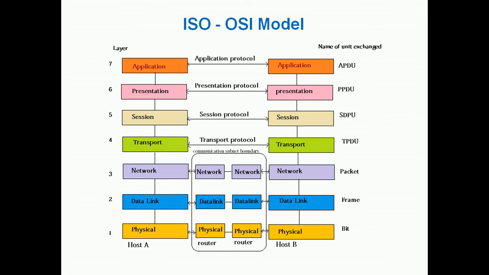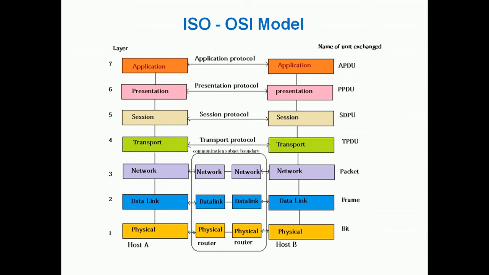From which layer does the user interact? With the application layer the user interacts. If computer A wants to send some message to computer B, that message will be handed over to layer 7, the application layer, and after receiving that message, the application layer sends it to the presentation layer, then it is transferred to the session layer, transport layer, network layer, and in this way to the physical layer.